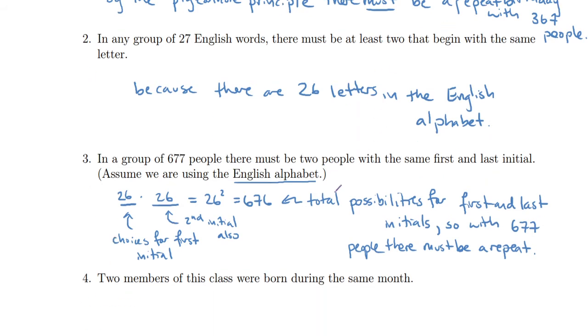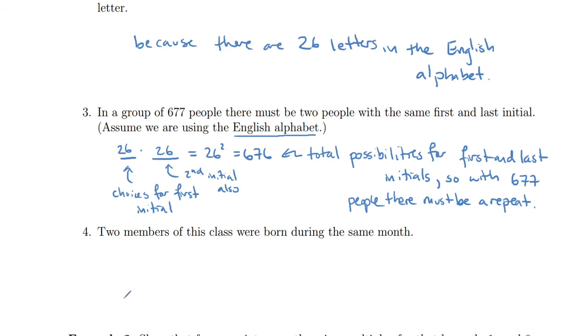Okay, 2 members of this class were born during the same month. Well, to be guaranteed, how many people do we need? We need at least 13, right? Because there are 12 months. As soon as you have a 13th person, you'd be guaranteed. Our class has more than 12 people.